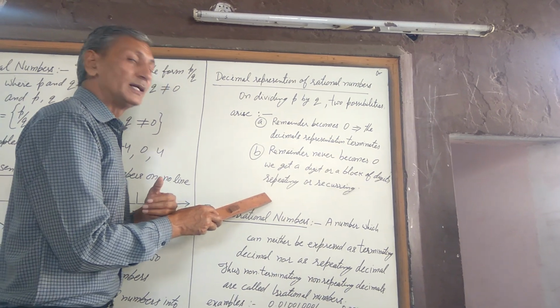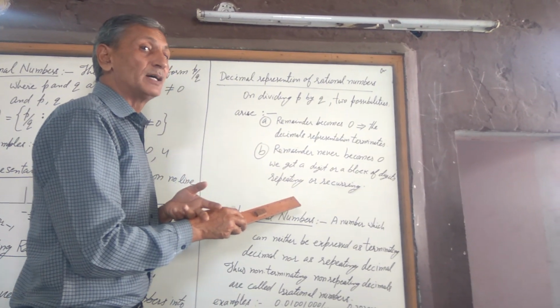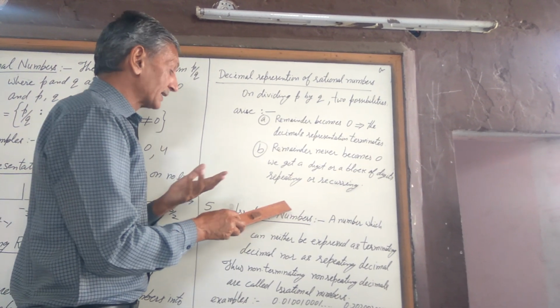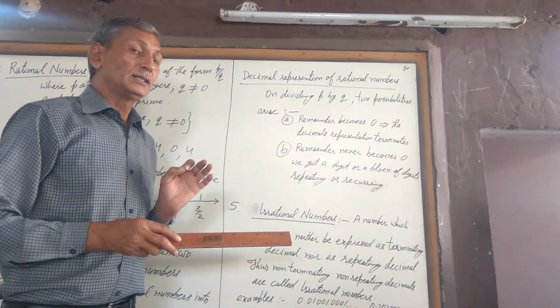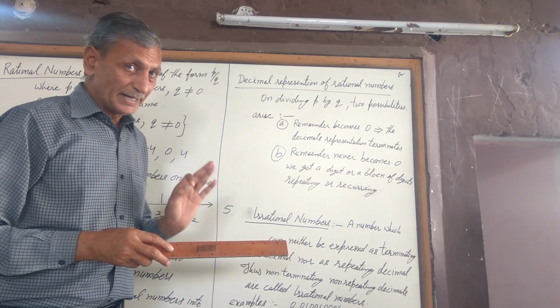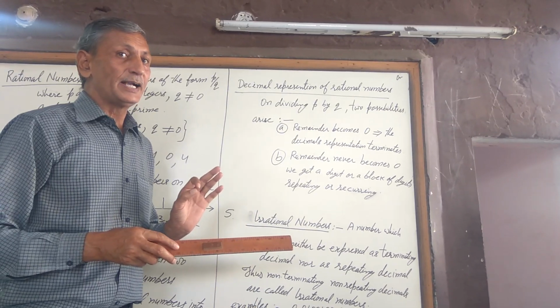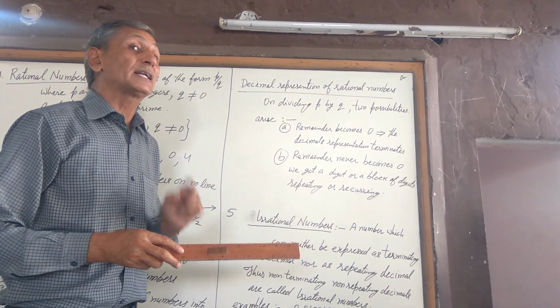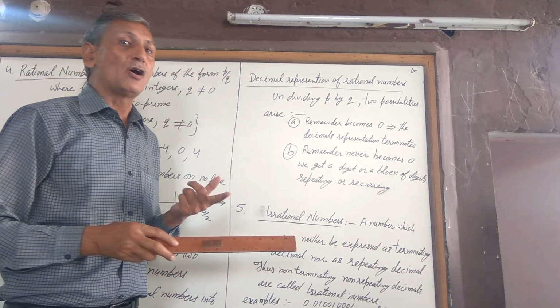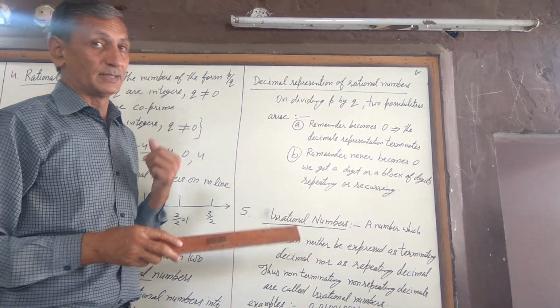Therefore, we call them repeating decimal or recurring decimal. So that means all the terminating decimals and all the non-terminating but repeating decimals are called rational numbers.